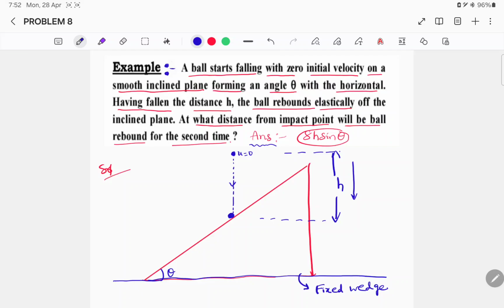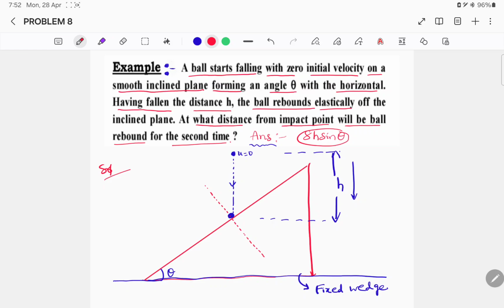Now, as you can notice, this particle is hitting the inclined surface, so there is a chance of a collision between the ball and the inclined surface. Whenever a collision is going to happen at a particular spot, it is advisable to draw the line of impact first. We generally do this in collisions.